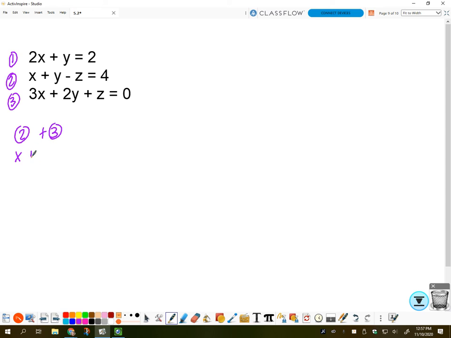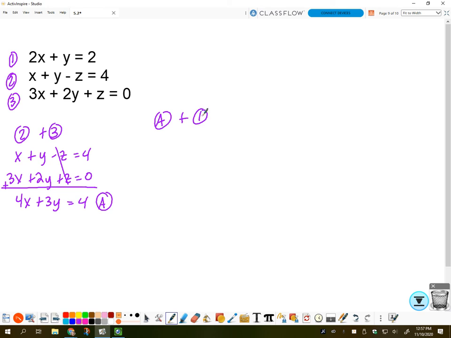So if I take this and this, everything does not cancel. The z's do cancel, is what I was trying to say. So we get an equation A that has the same variables in it as 1. So I can go ahead and put A together with 1.